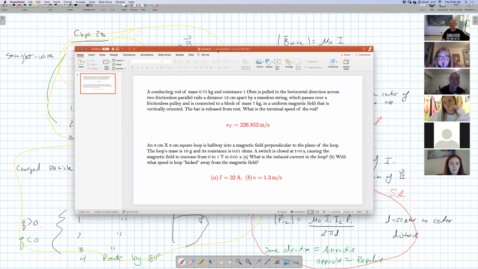Did you guys ever talk about terminal velocities in 175? This is actually part of that extra credit assignment as well. So what is the terminal velocity? Terminal velocity is when the net force is equal to 0.